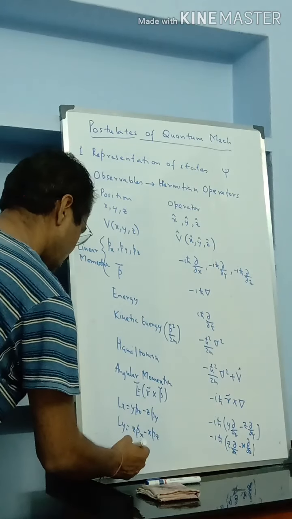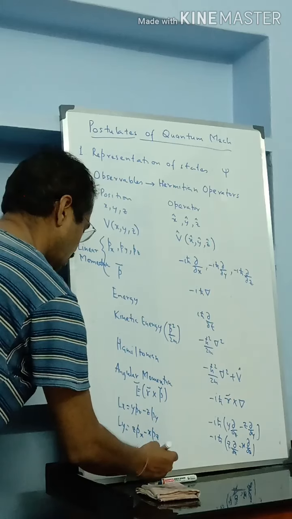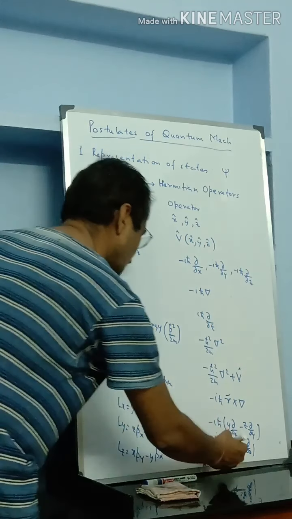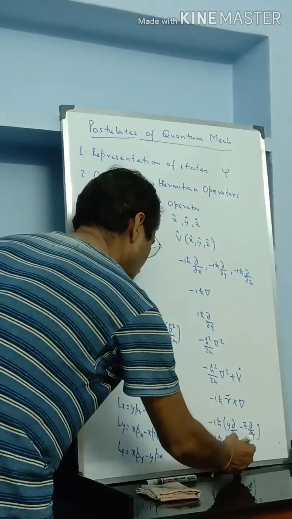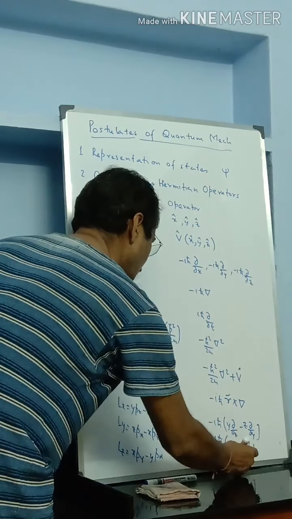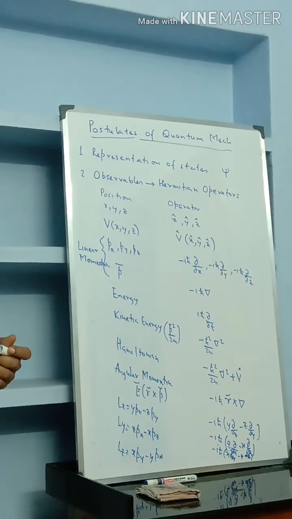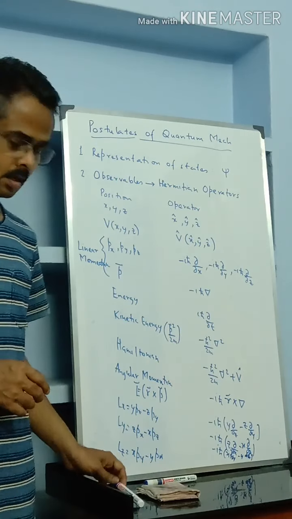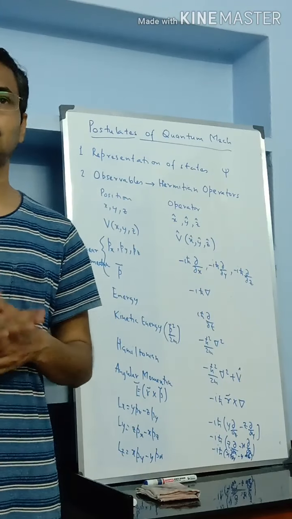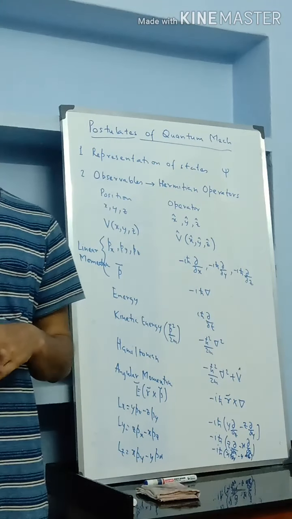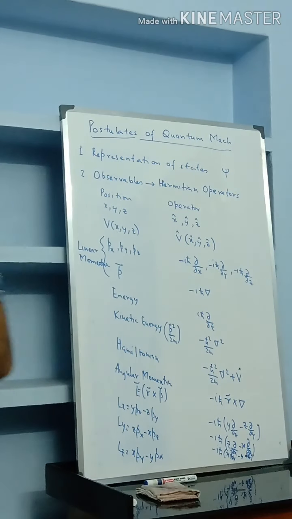And Lz, which is equal to x py minus y px, can be written as minus i h cross (x del/del y minus y del/del x). So these are a few of the representations of the operators which correspond to physical variables in quantum mechanics according to postulate 2.